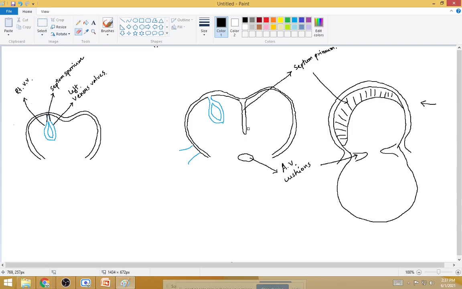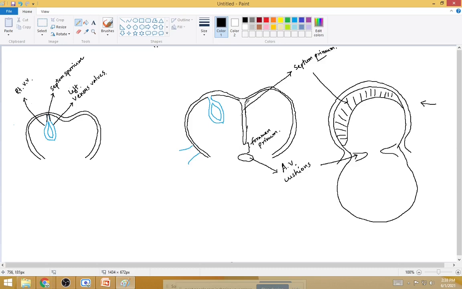Again, it will keep on growing like that. What is this septum? This is the septum primum. So the ostium or the foramen primum is becoming smaller and smaller.